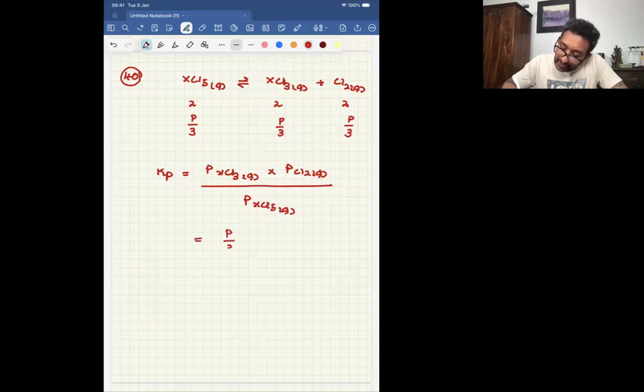P divided by 3 multiplied by P divided by 3 divided by P divided by 3. So what do you get? Pressure is 40 divided by 3.